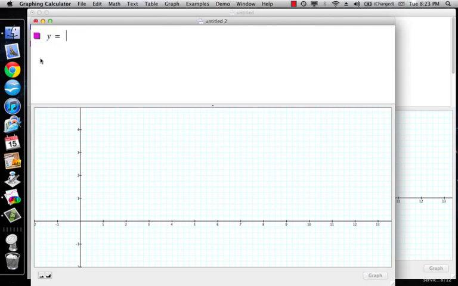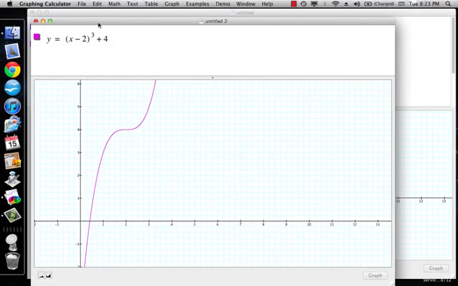Y equals x minus 2 cubed plus 4. That's going to do what I want. So, just because I want to do this for you, y equals, I'm going to FOIL that out: x minus 2 times x minus 2 times x minus 2 plus 4.